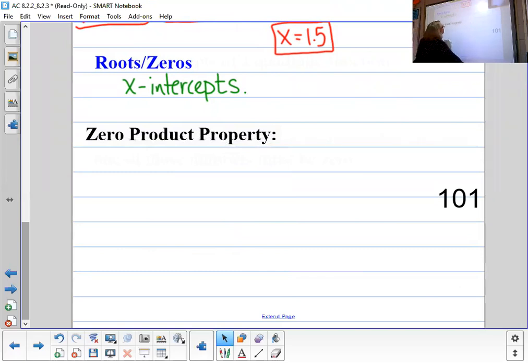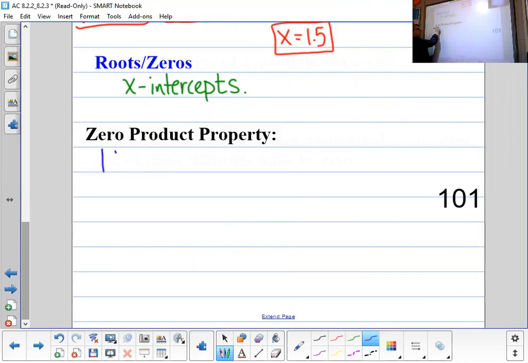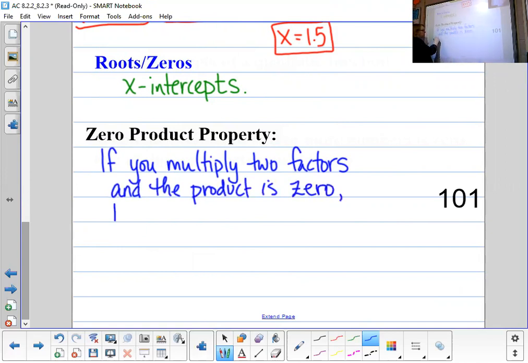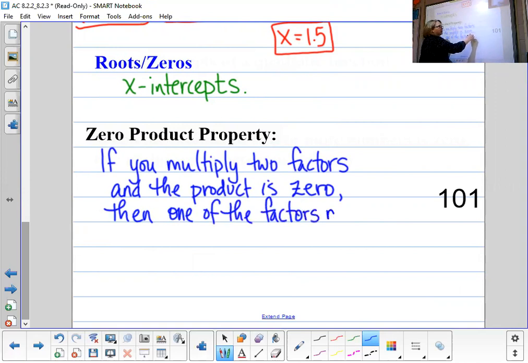So the zero product property tells us that if you multiply two factors, so it could be numbers, it could be a number and a variable, it could be sets of parentheses like we have, and the product, remember product means we're multiplying, is 0, then one of the factors, one of the things that you're multiplying, must be 0.